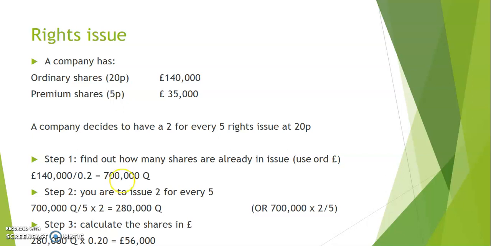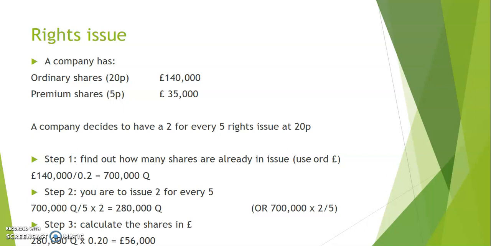Then you use the quantity, the 700,000 shares, and you divide by 5 times by 2, because we're issuing 2 for every 5 that you have. So 700,000 divided by 5 times by 2. So the company is willing to issue 280,000 shares, 2 for every 5 that you have.